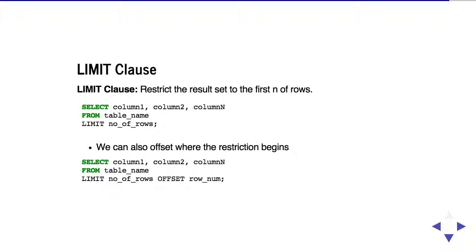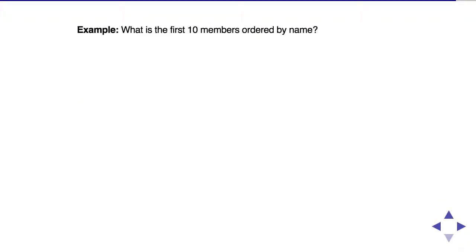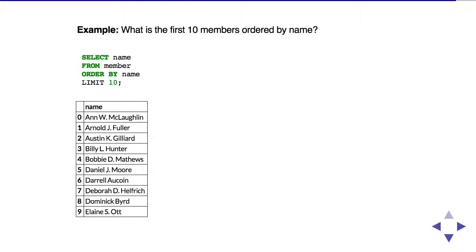We could also offset it from the very first, so you could say, I want 20, but I don't want to include the first 10. So what are the first 10 members ordered by name? If we order the query by name, then limit to just 10, we get this table up here.